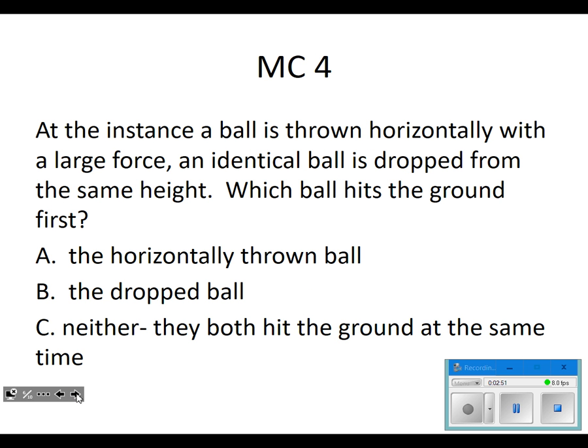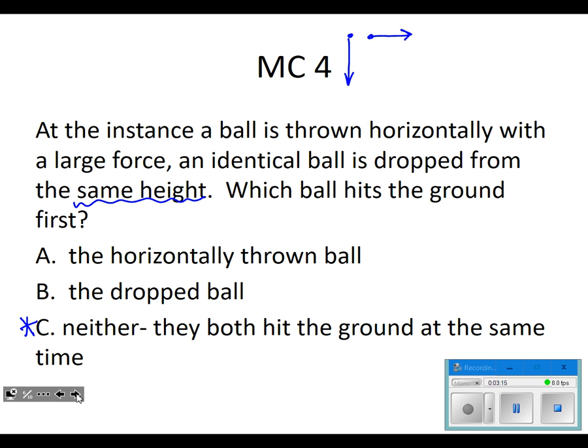All right, at the instant a ball is thrown horizontally, another identical ball is dropped. Okay, key here is they're coming from the same height, and they ask you which ball hits the ground first. Well, neither. They hit the ground at the same time. Hopefully you remember the visuals I showed you.